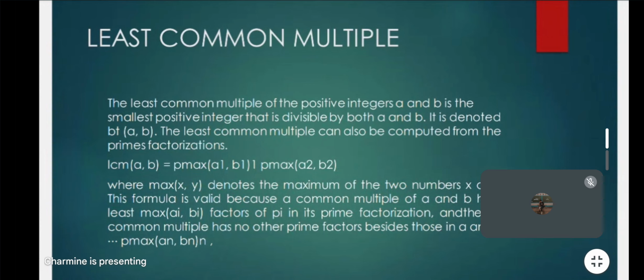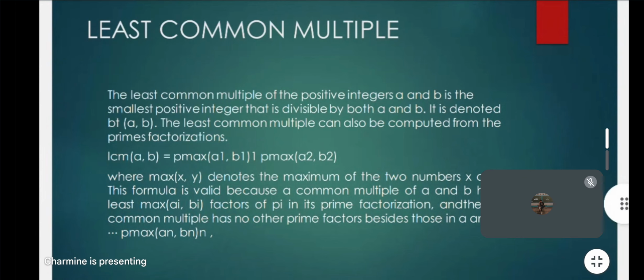This formula is valid because a common multiple of a and b has at least max of ai and bi factors of pi in its prime factorization, and the least common multiple has no other prime factors besides those of a and b.